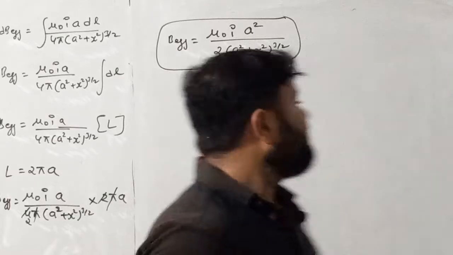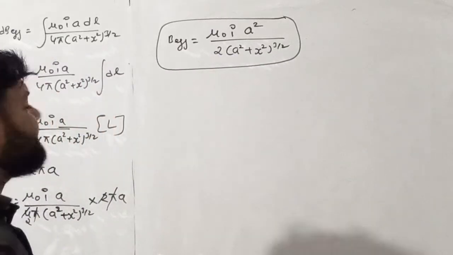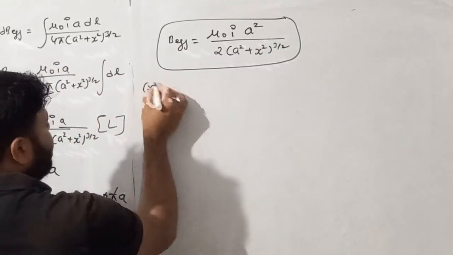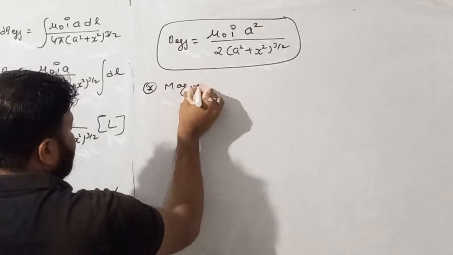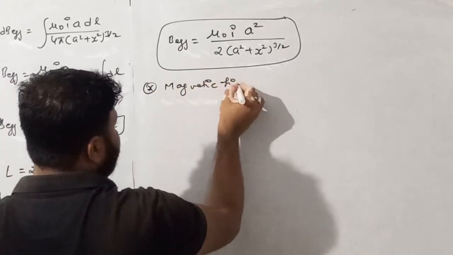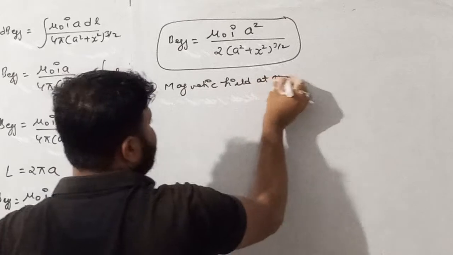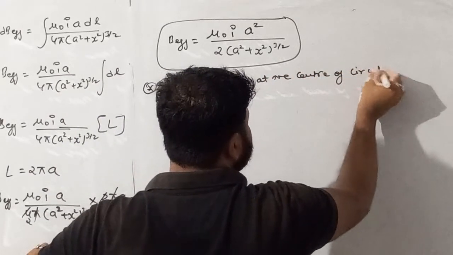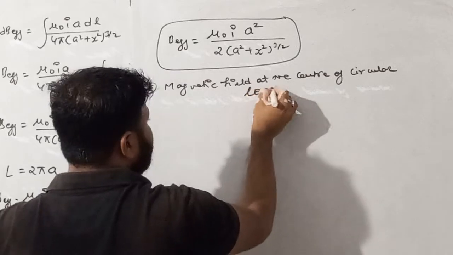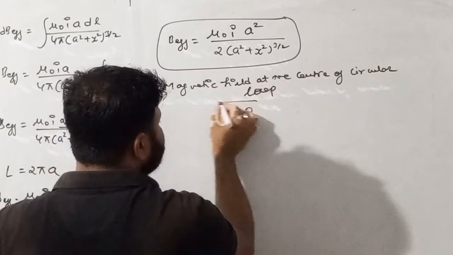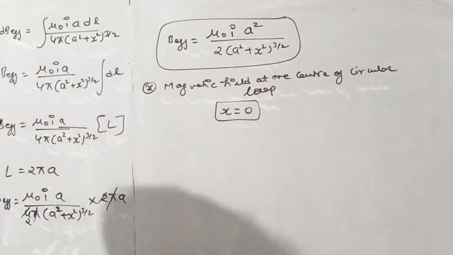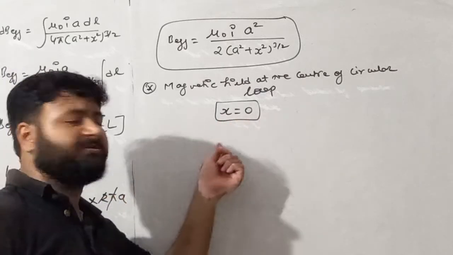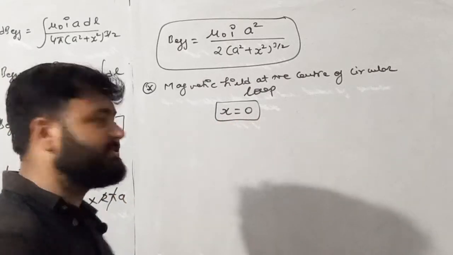Now let's find the value of magnetic field at the center of the current carrying circular loop. So write down, magnetic field at the center of circular loop. If I am talking about the center, then point P lies on the center. So if point P lies on the center, then the value of x becomes equal to 0.